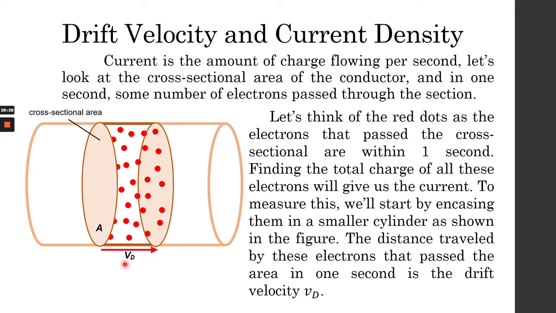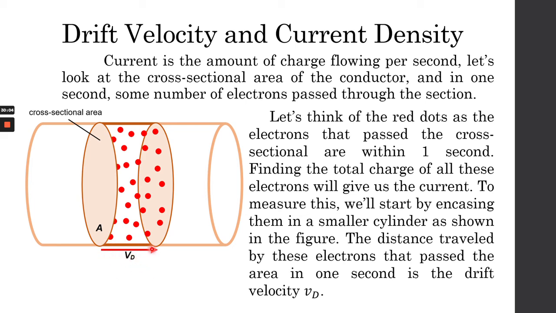Why is it Vd? Drift velocity is basically what? Meters per second, right? We know that this situation is just 1 second total. So the length that these electrons traveled over 1 second is basically equal to Vd.